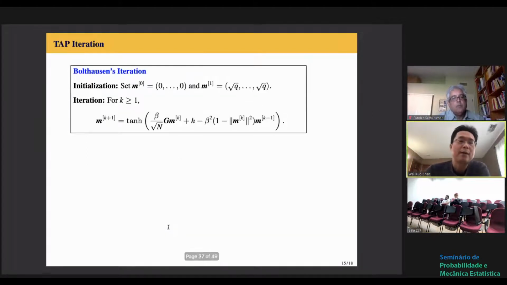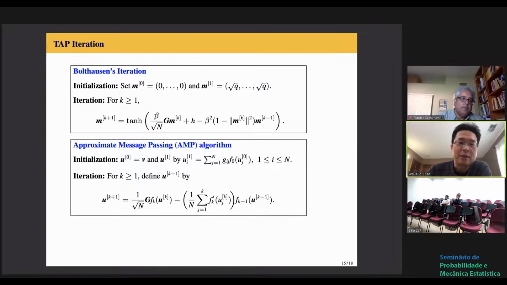All right. So now let me recall that this is Bolthausen's iteration. You will certainly be curious why it is so important to consider only the hyperbolic tangent.